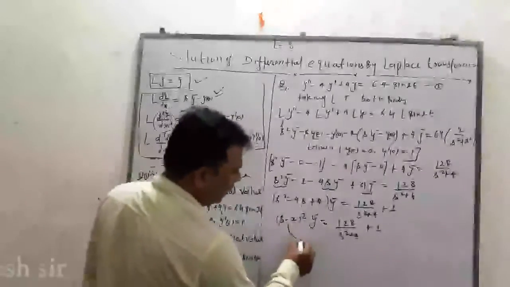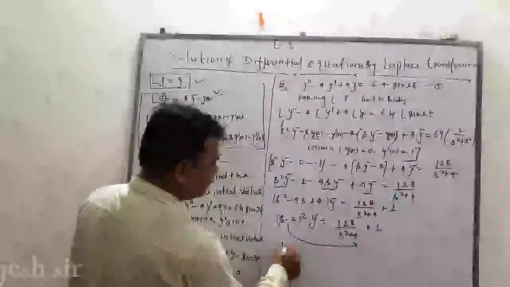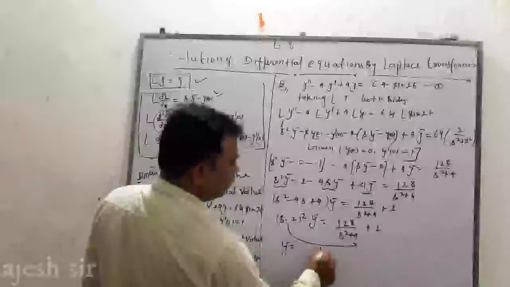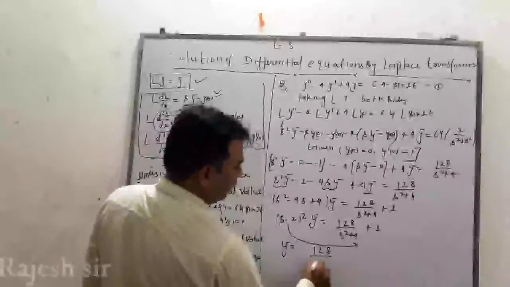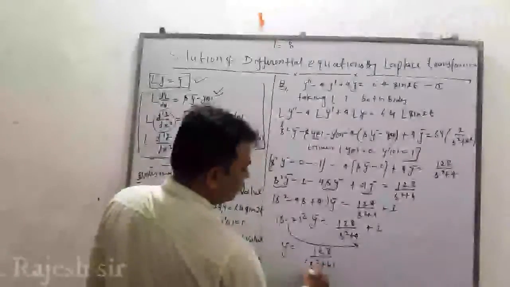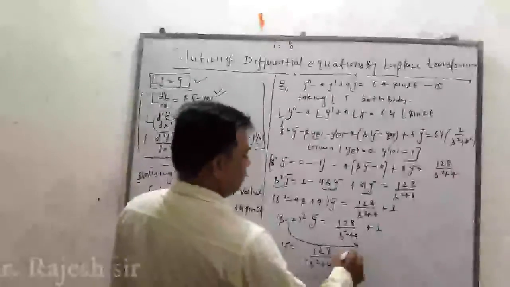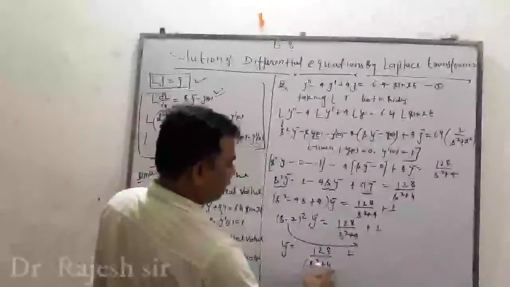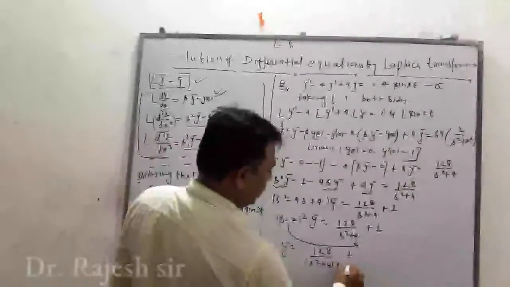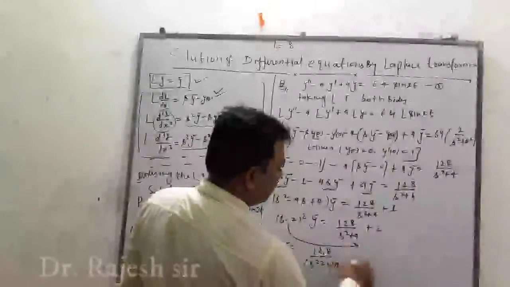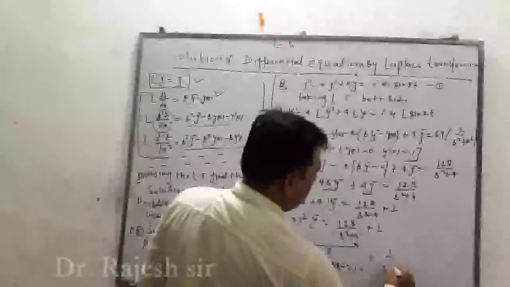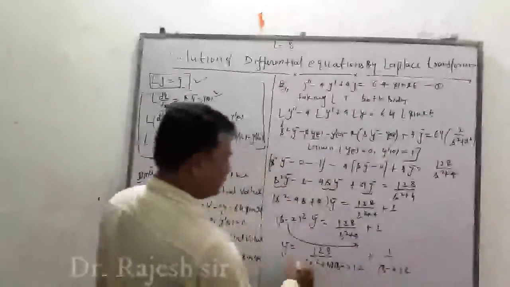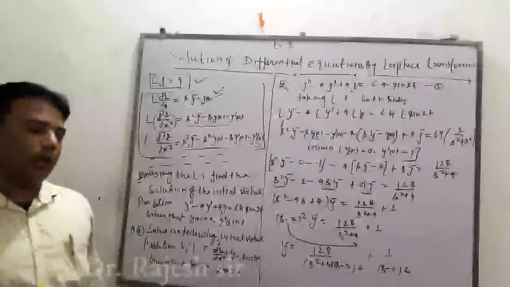And sending this term to the right-hand side, y bar equals 128 upon s square plus 4 times s minus 2 the whole square, plus 1 upon s minus 2 the whole square. This is the value of y bar.